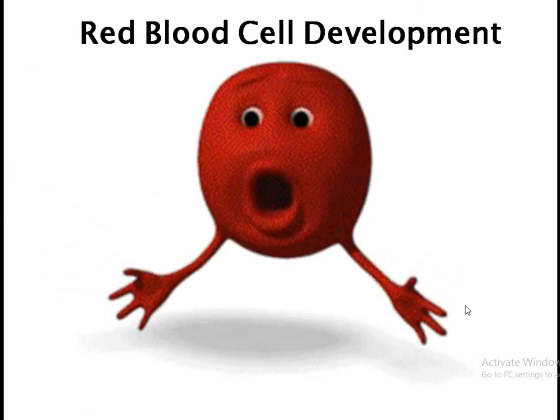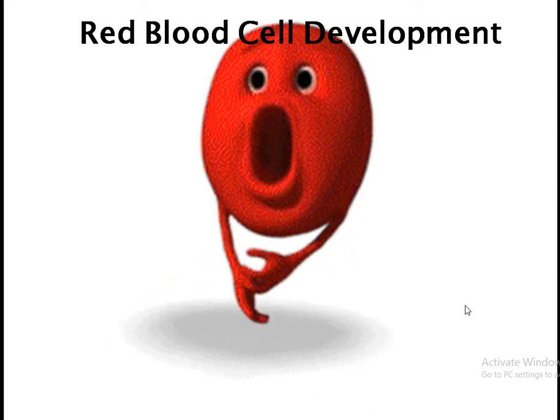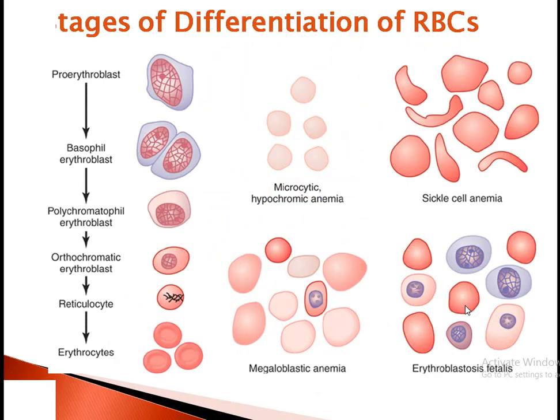Specifically for the production of the RBC, these are the different stages for the development of the erythrocytes or RBC. The stages are: proerythroblast, basophil erythroblast, polychromatophil erythroblast, orthochromatic erythroblast, reticulocyte and mature RBC.